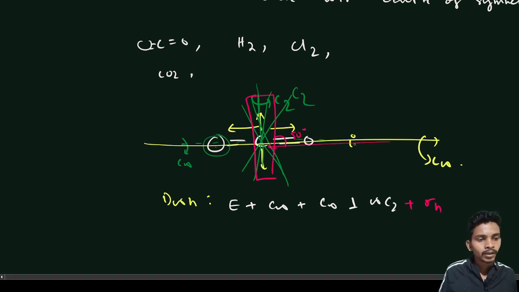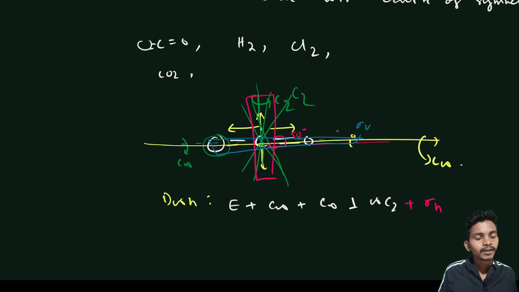If we pass any plane from here to here, cutting oxygen, carbon and oxygen, that is sigma v, and if there is one sigma v, then n number of sigma v are there, because with Cn there are n sigma v. Also we can cut like this, cutting all the elements, so n number of sigma v is there, and the important thing is that i is also there.